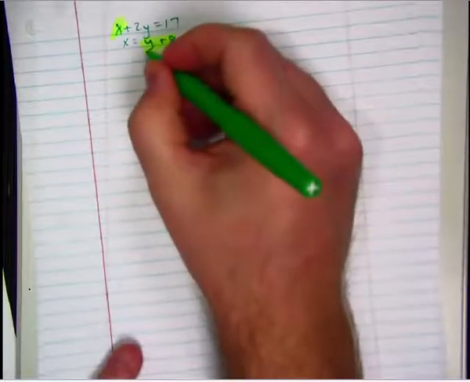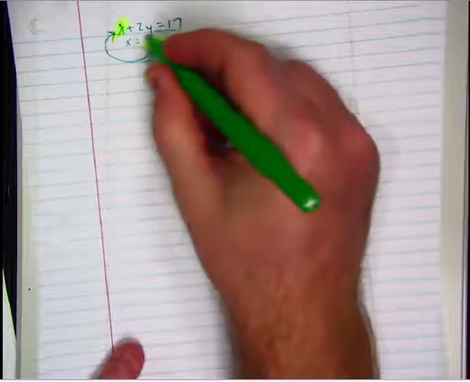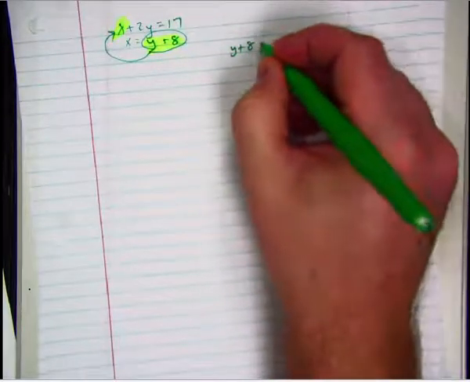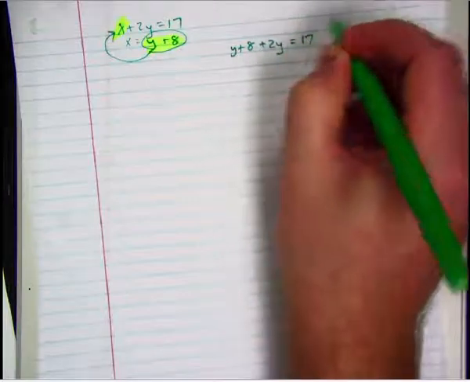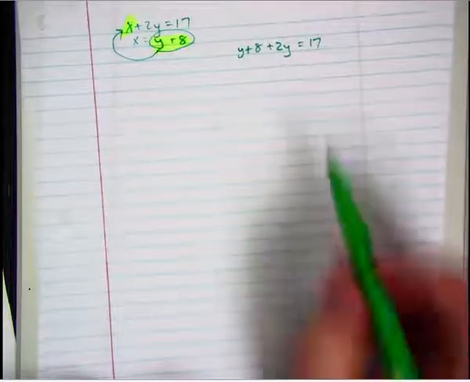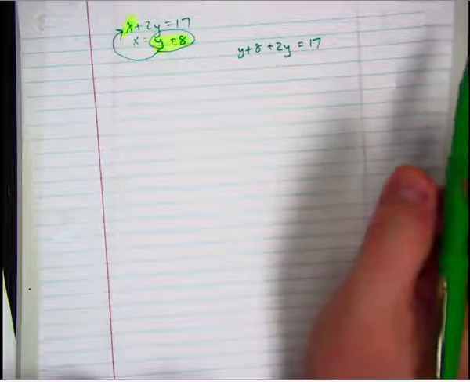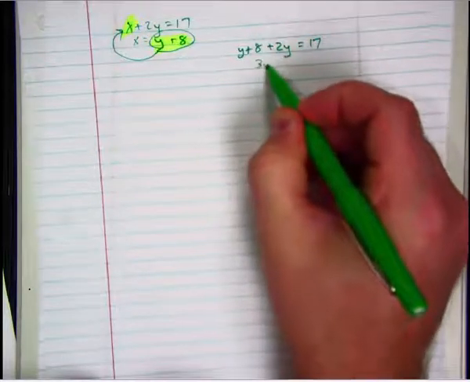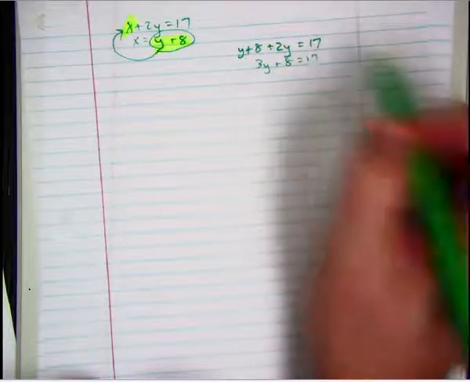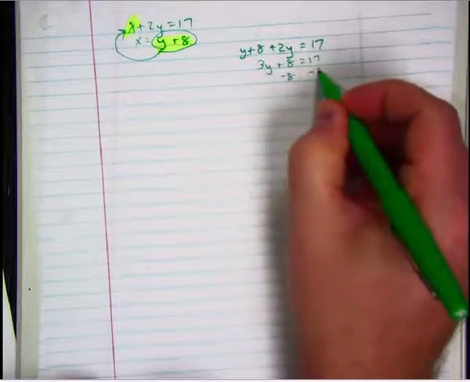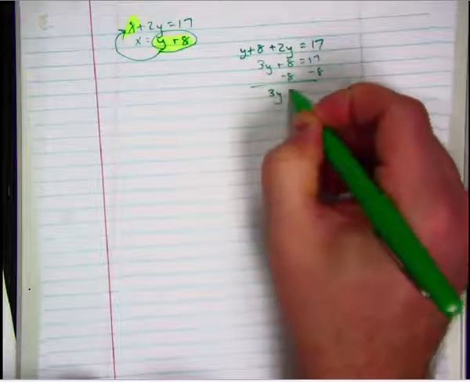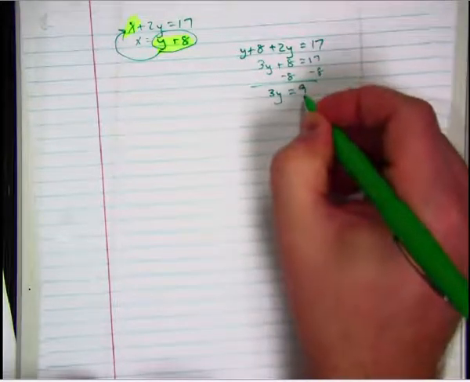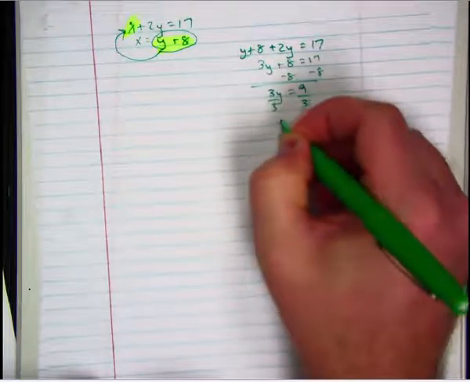So if I do that, this will be y plus 8 plus 2y equals 17. It is important to notice that the only variable I see now is y. So I can combine like terms and get 3y plus 8 equals 17. Subtract 8 from both sides and get that 3y equals 9. Divide by 3, and get that y equals 3.